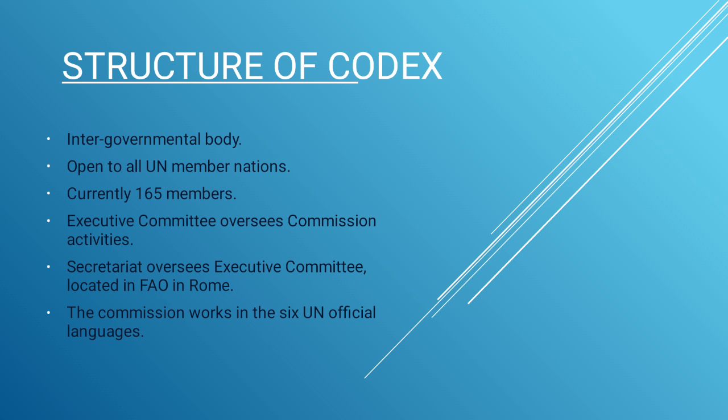The Commission works in the 6 UN official languages. The meeting is generally held each year in Rome or Geneva, and the members are 165 members as we have talked. So now let's move to the next slide.